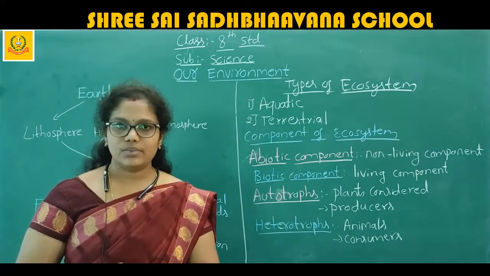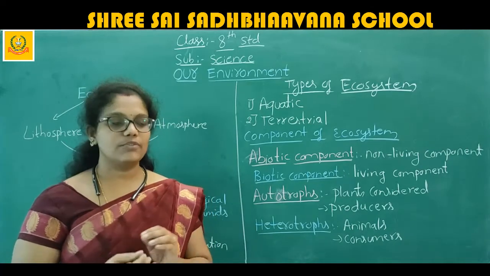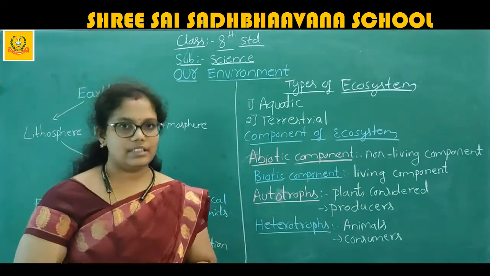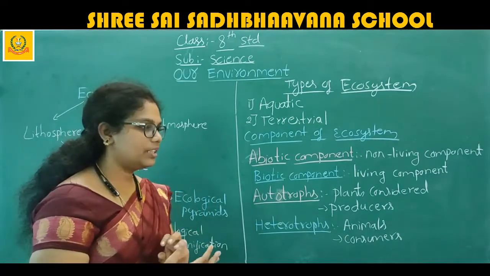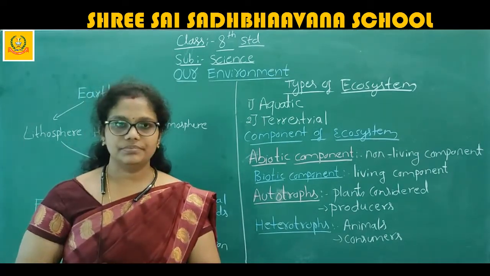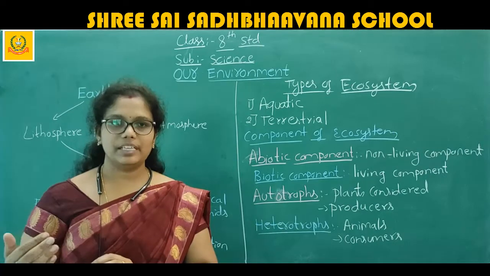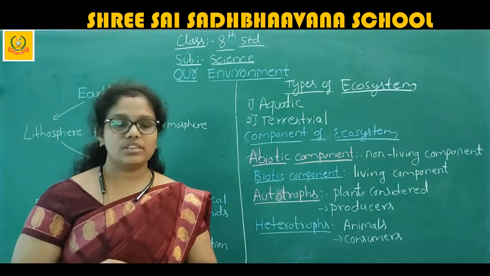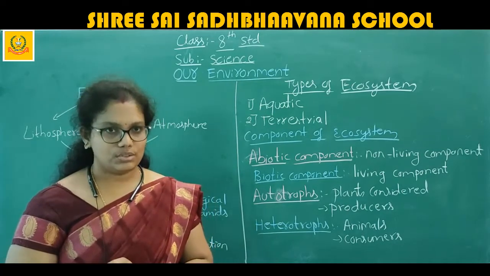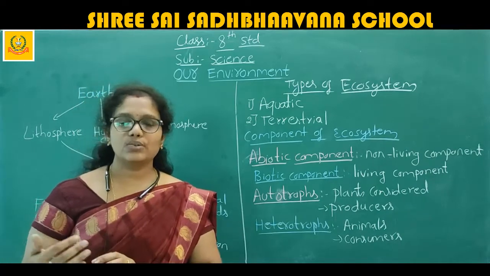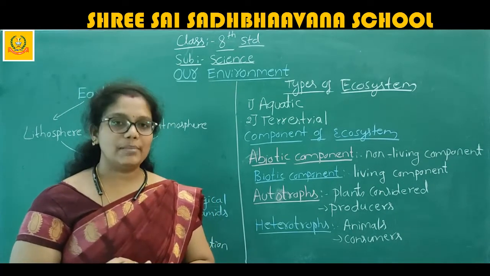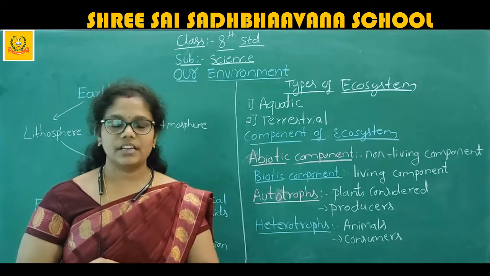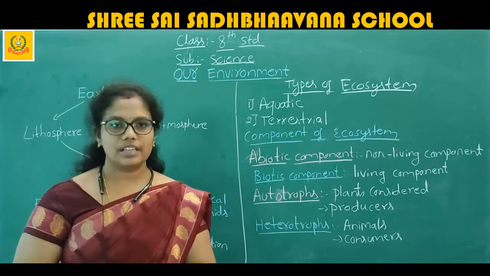And what is a man-made ecosystem? The ecosystem which is made by man. If the ecosystem is made by nature, then that ecosystem is known as the natural ecosystem, and the ecosystem made by man is known as the man-made ecosystem. These are the two types of ecosystem.